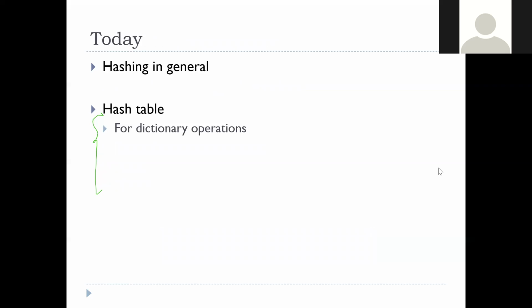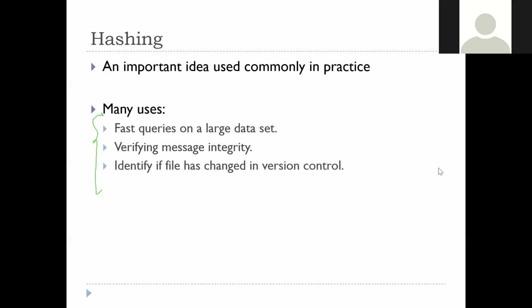We're going to introduce something called the hash table to do this. Before that, we'll first talk about the idea of hashing in general. This is actually a quite common and important idea, used a lot in practice, although you may not have noticed that we're using it.